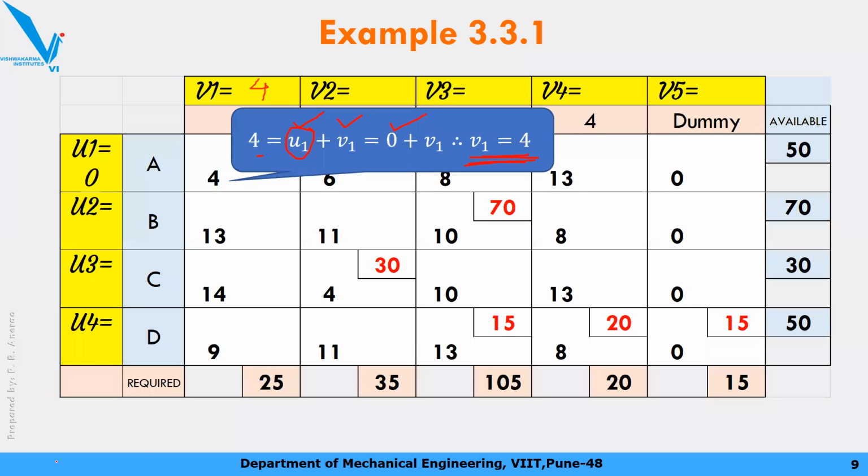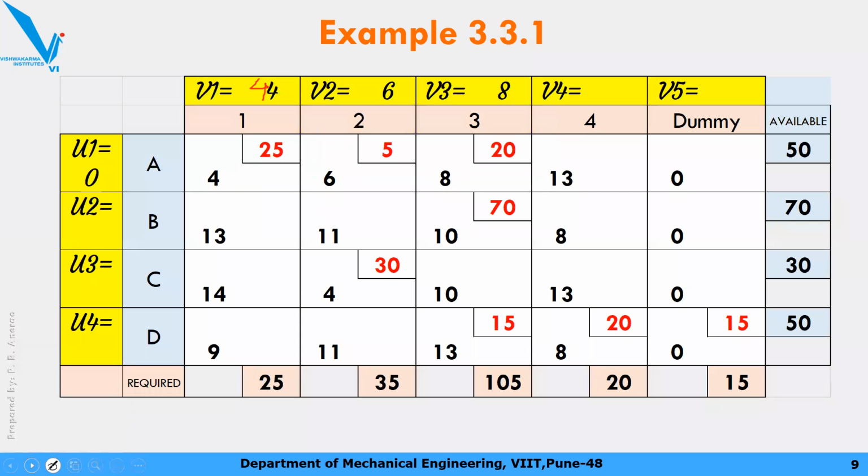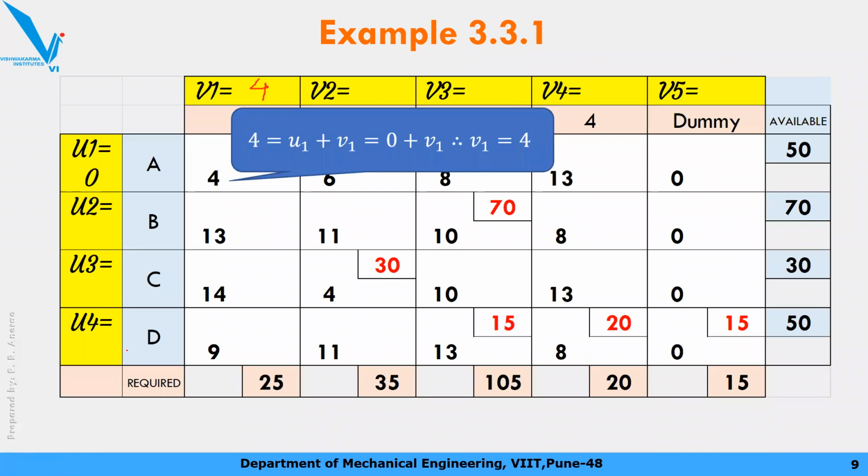Next. Once you have assumed one value as 0, then don't proceed. Don't do the next calculation. Don't assume 0 for further values. Now next value is 6, an allocated cell. So 6 equal to u1 plus v2. So u1 is equal to 0 plus v2 equal to 6. So that means v2 equal to 6.